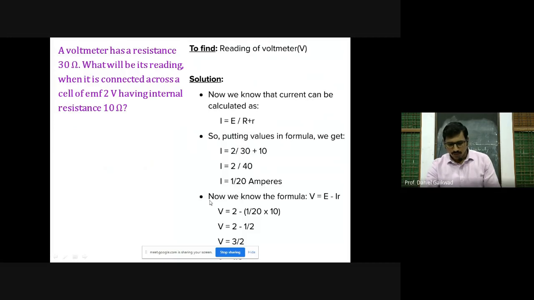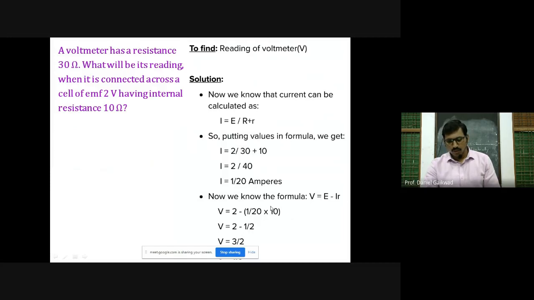Now we know the formula V is equal to E minus Ir. Check carefully. V, the potential across the external resistance, or potential across the voltmeter, is equal to E minus Ir. That formula we already learned in 11th standard and also in 12th, in the same chapter. So V is equal to 2 minus 1 upon 20 into small r 10.